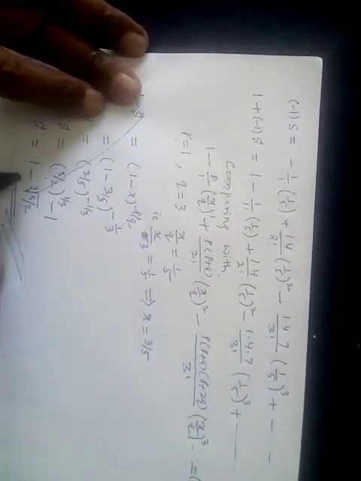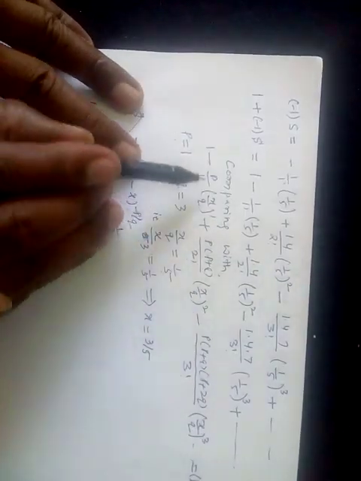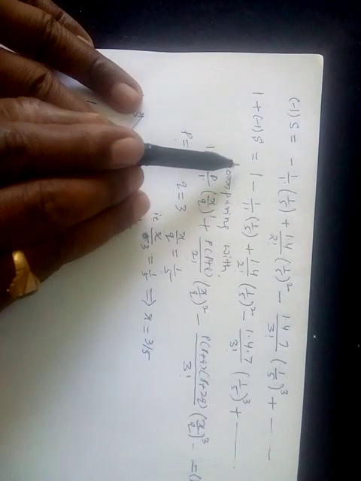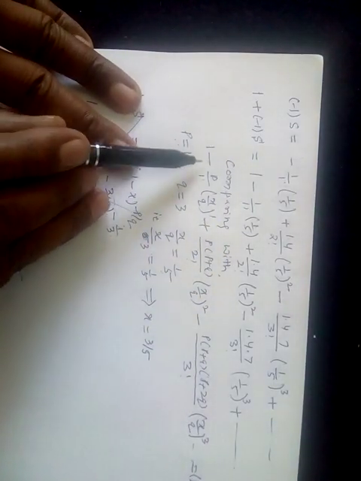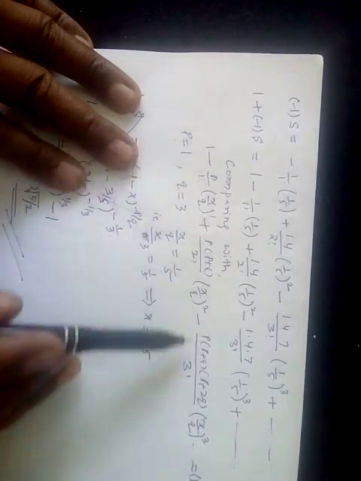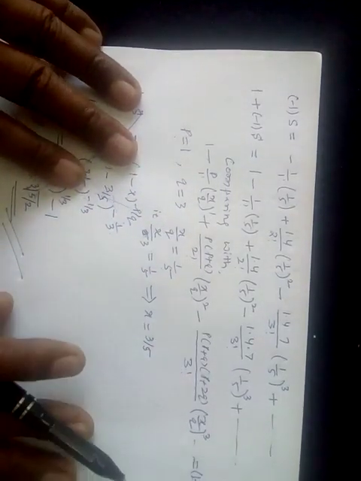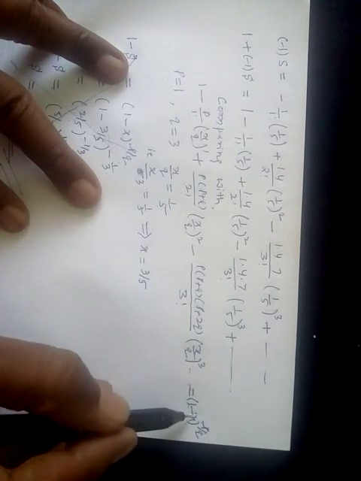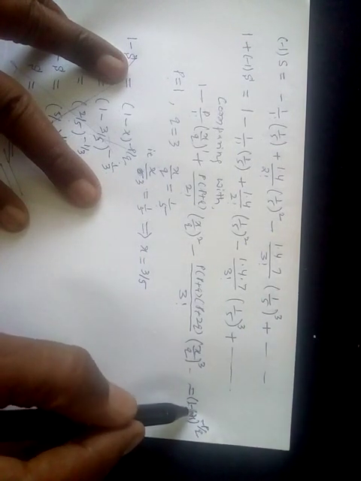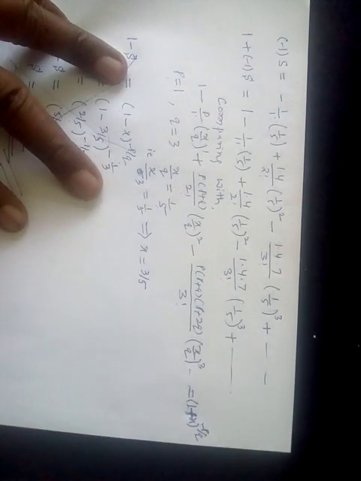Here, for increasing factors I take minus p by q, and to get alternating signs I have to take the sign of x opposite to that of the index. Here the index I have taken is minus p by q, so for x I have to take positive.